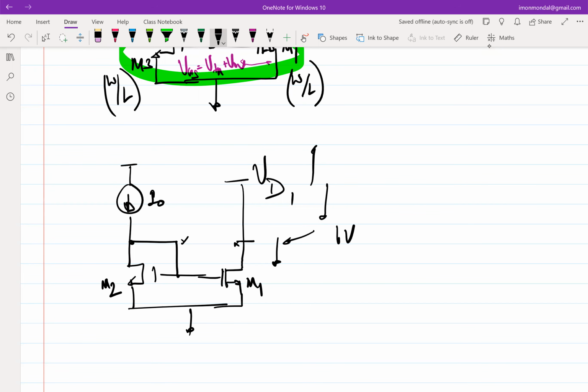You can simply say that if this drain voltage goes from 1 volt to 1.5 volt, the excess current that will flow is GDS times 0.5 volt. So it will be I0 plus that, and if it goes down, it will be I0 minus that. That gives you the range.